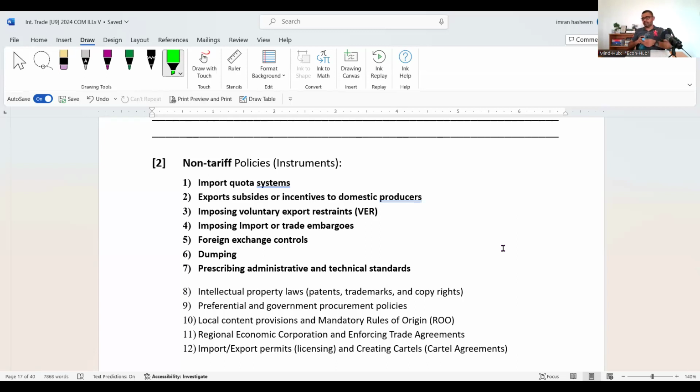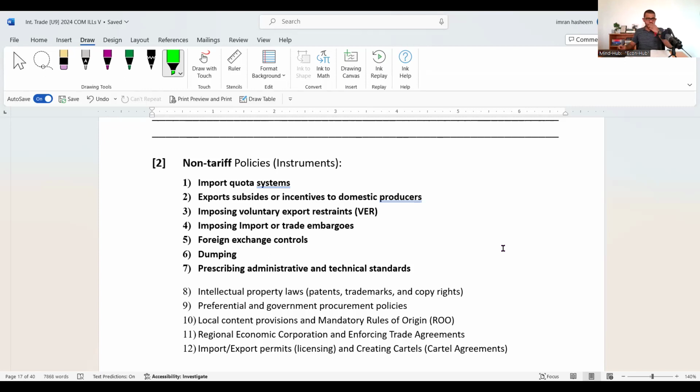Just give me 1 minute. Okay. So first of all, are you guys clear? What are import tariffs? Basically, import duties, import taxes.